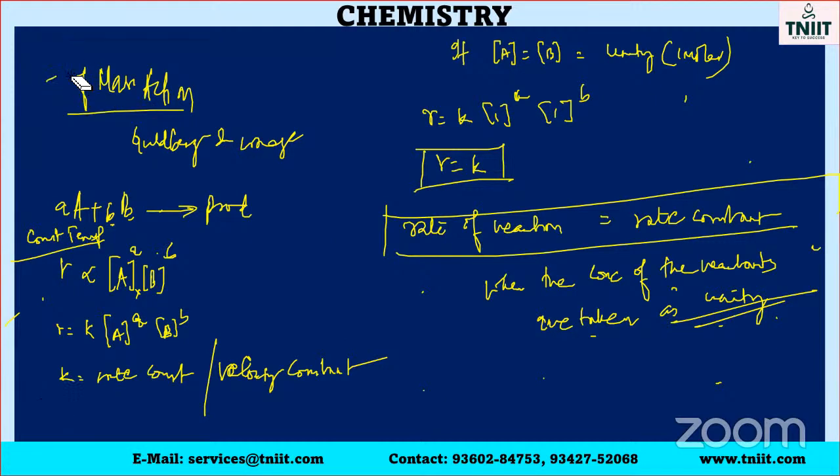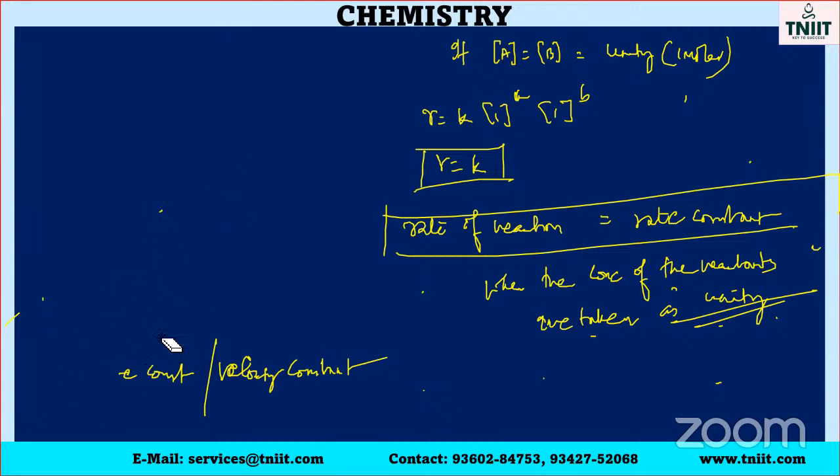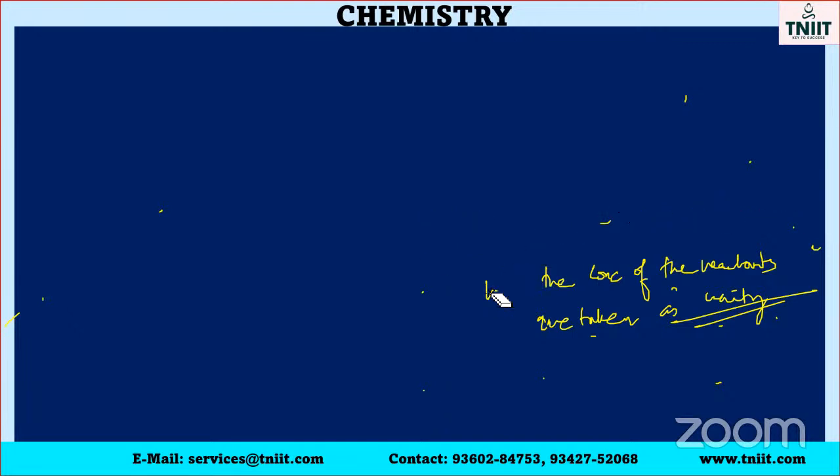Now, coming to the other concept, factors influencing the rate of a reaction. In this equation, applying the law of mass action, this law is theoretical. So we cannot determine the rate of a reaction theoretically.